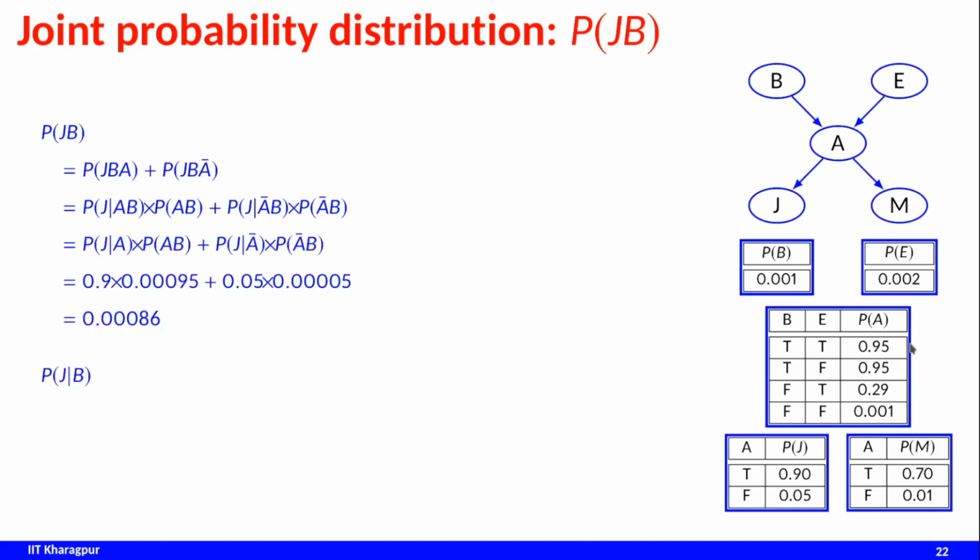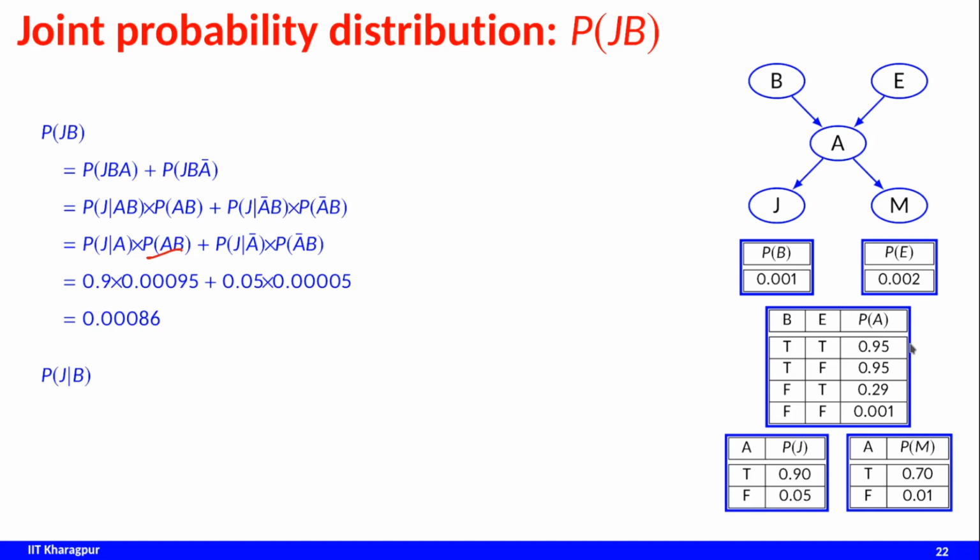Now if I proceed in this manner, I come to an expression something like this: probability of J given A, probability of AB, and probability of J given not A, probability of not A and B. Here, since we have computed P of AB earlier, we can use that value directly.